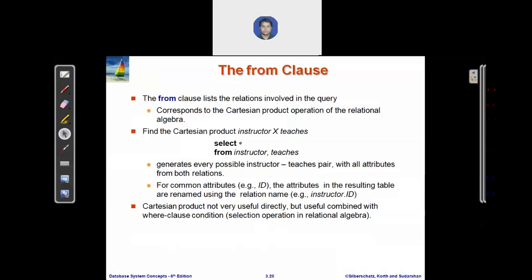Now the from clause. In the from clause, we mention the input table, meaning the table on which we are applying SQL. In the from clause we mention only table names. Like here, you can see I wrote two input tables, instructor and teachers.